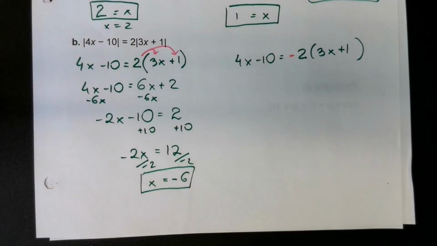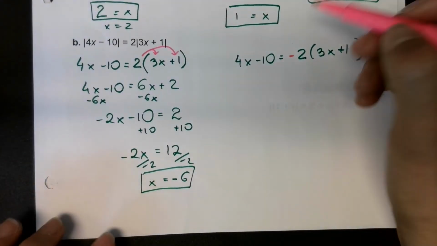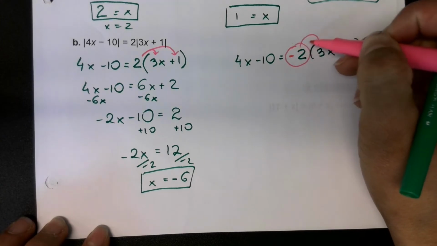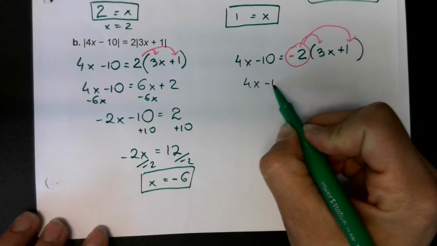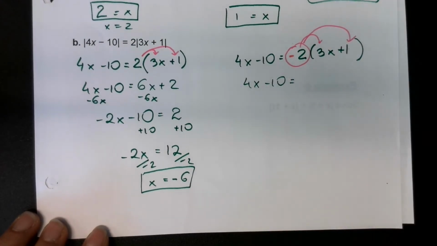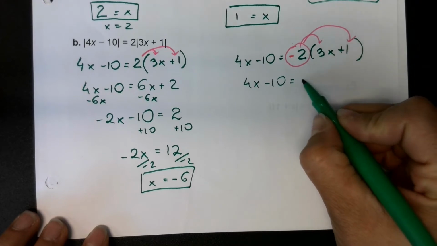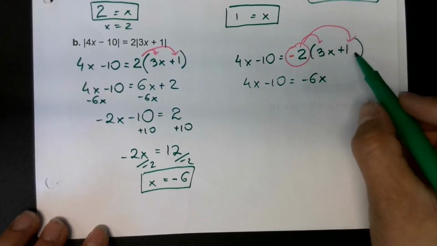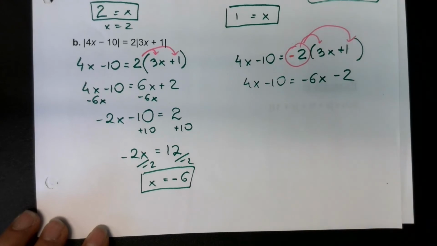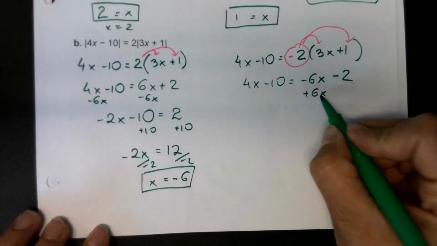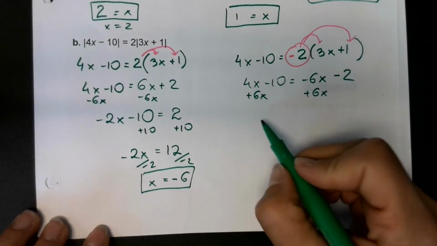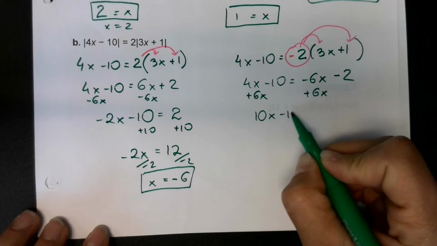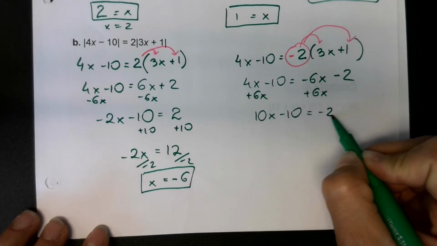Remember, you have two of them most of the time. And for the second one, you're going to distribute this time negative 2. So we have 4x minus 10 equals negative 2 times 3, which is negative 6x, and negative 2 times 1, which is negative 2. I will move my 6x to the other side, so add 6x on both sides. You end up with 10x minus 10 equals negative 2.